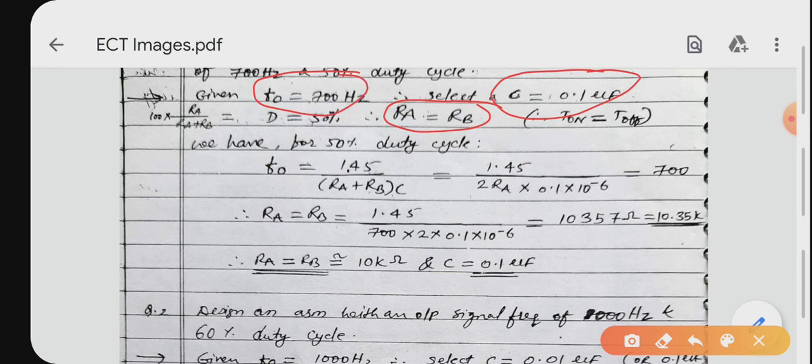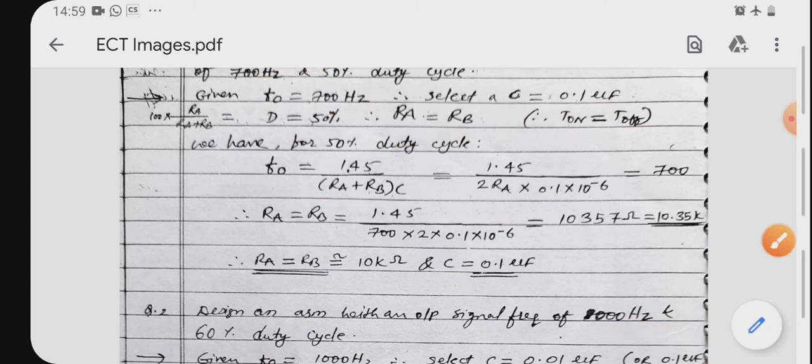Okay, so for 50% duty cycle RA is equal to RB, that means T on is equal to T off. We have the output frequency formula for 50% duty cycle: 1.45 divided by (RA plus RB) into C. From where have we taken this formula?